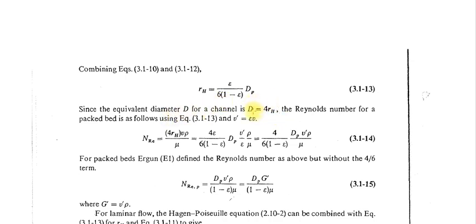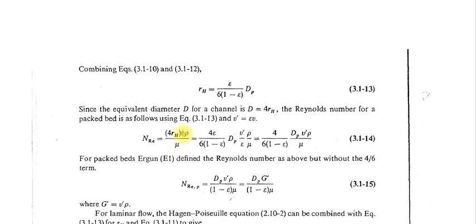So when you know the value of D, the equivalent diameter, you can calculate the Reynolds number of the fluid and the Reynolds number of the particle. Reynolds number of fluid equals 4RH V rho by mu, where RH is the hydraulic radius, V is the velocity of the fluid, rho is the density of the fluid, and mu is the viscosity of the fluid.